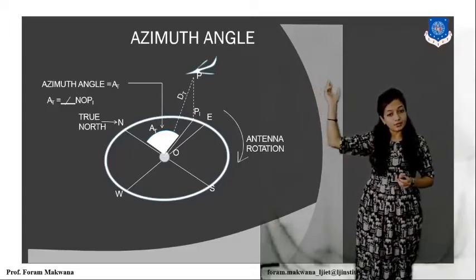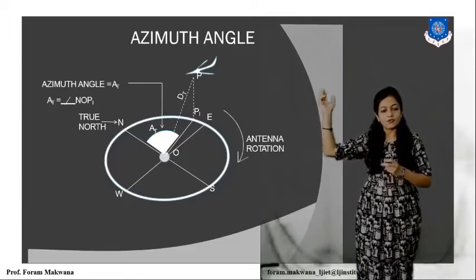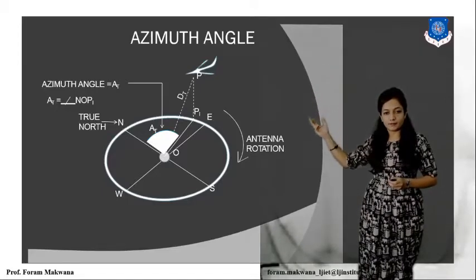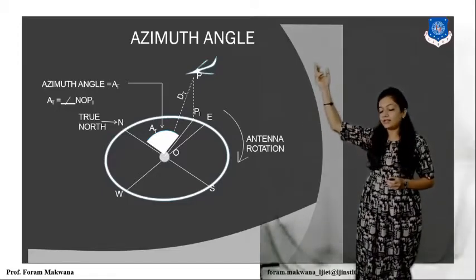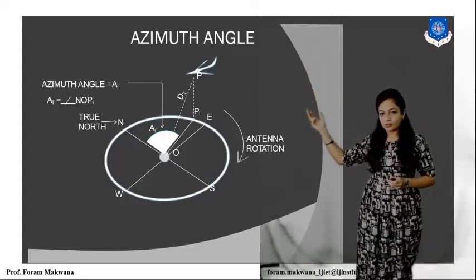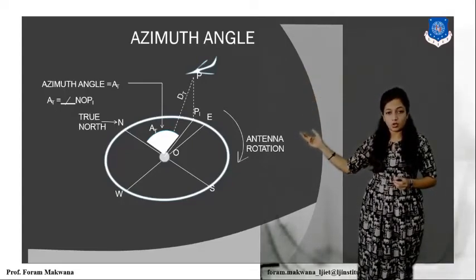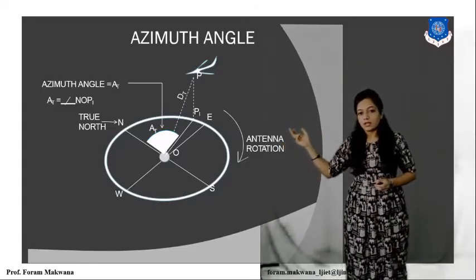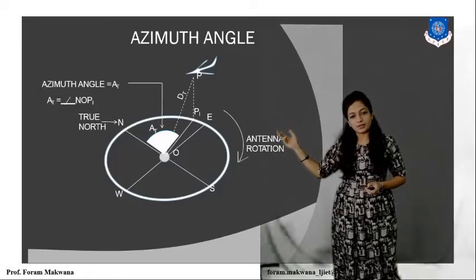If I need to calculate the azimuth angle, first I need to place the vertical projection of my target. Let's say the target is at the P point. If I take the vertical projection onto the surface of the earth, let's say that point is called P1.